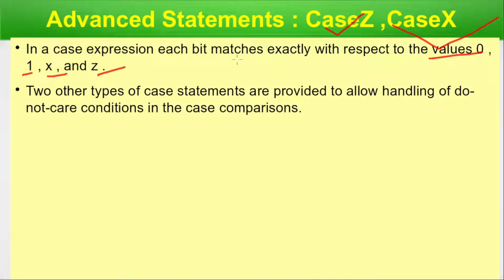Next, two other types of case statements are provided to allow handling of do not care conditions in the case comparison. So you know Z and X do exist, you cannot ignore them. To include them and handle them properly, we have special cases, that is case Z and case X in Verilog.